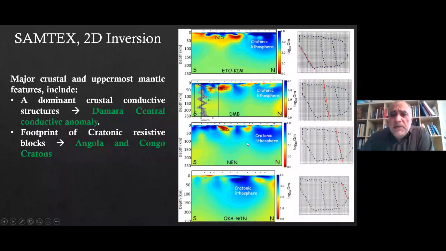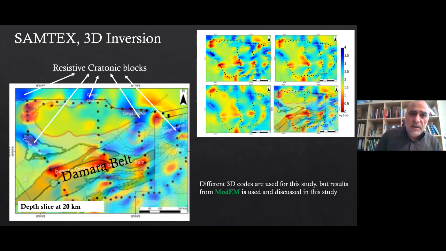So the main observation is the footprint of the cratonic resistive block of Angola and Congo, as well as the Damara belt, observed as a conductive anomaly in this modeling experiment. David also made some effort to do 3D inversions, but keep in mind, the spatial distribution of this array is not that appropriate for 3D inversion, but he did a good job in order to get a sophisticated 3D model.